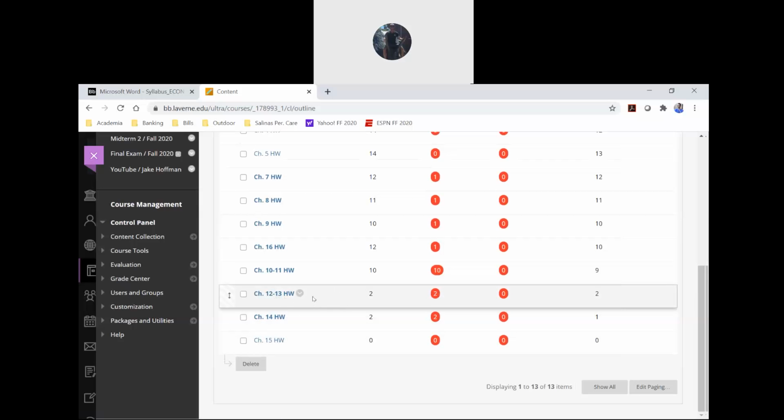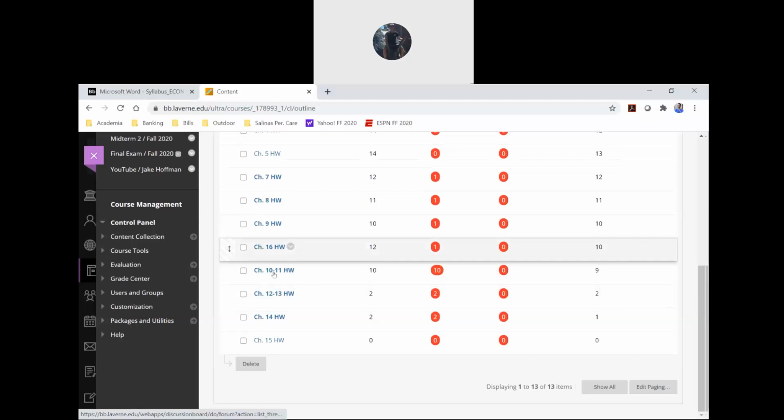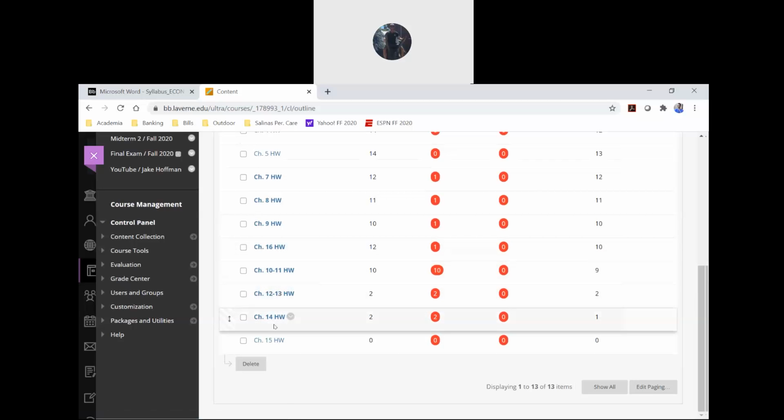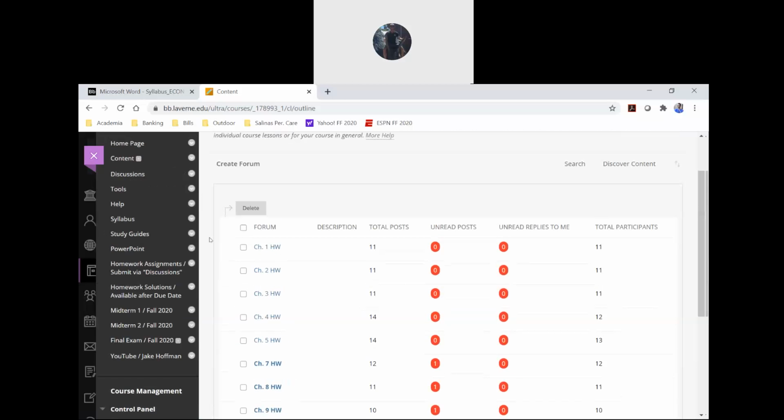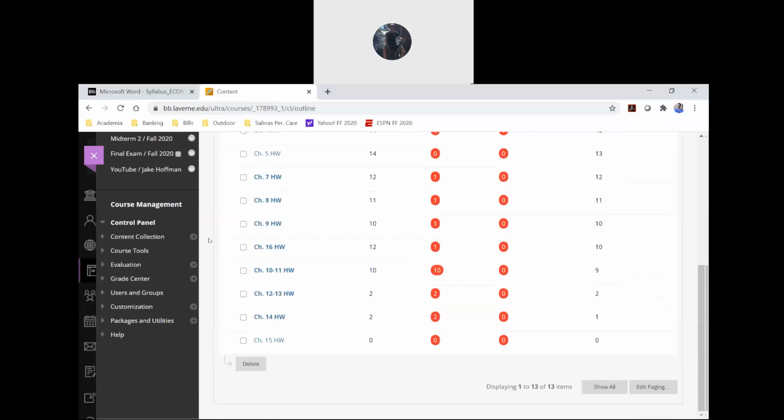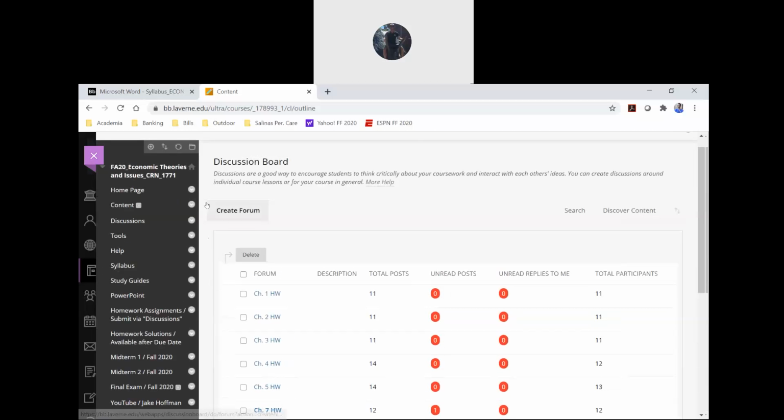And it looks like only two people have done it. So if you need a few more days on that, that's fine. But try to get the chapter 12 to 13 homework in soon. And then the chapter 14 homework is due next Wednesday. Okay, so everyone's good on the homework assignments, and we're getting close to being done.